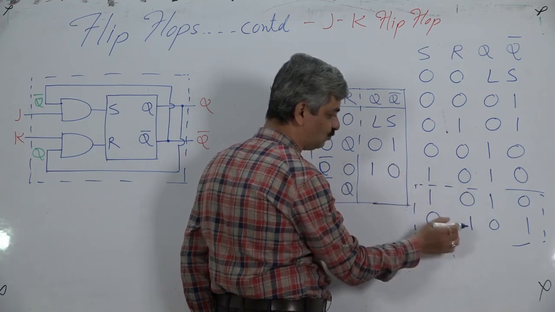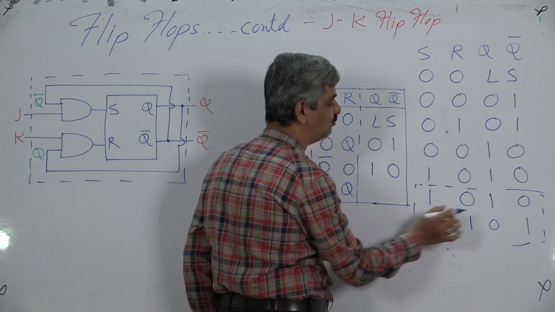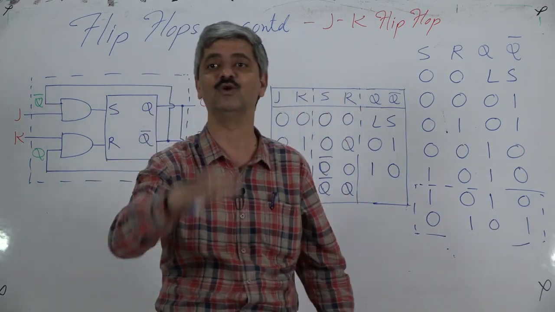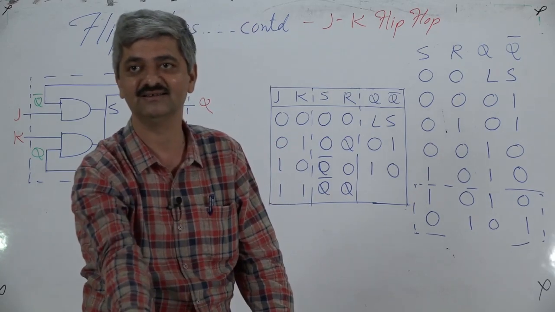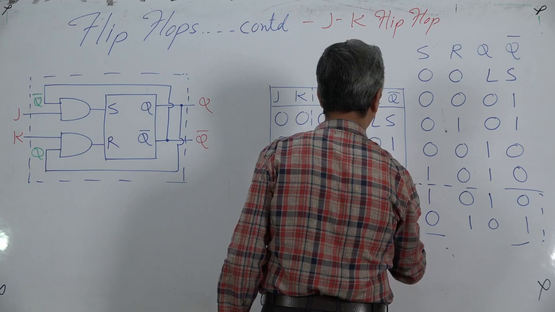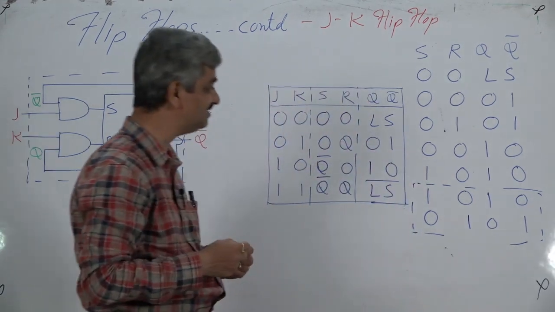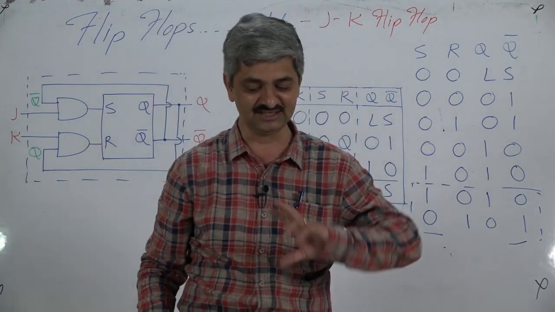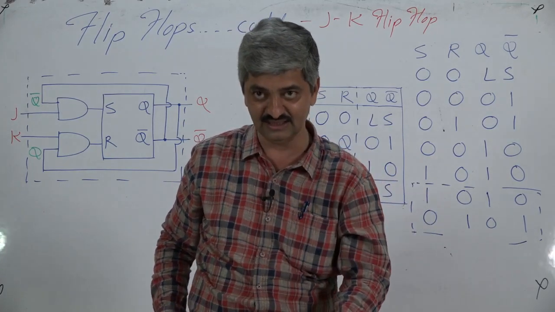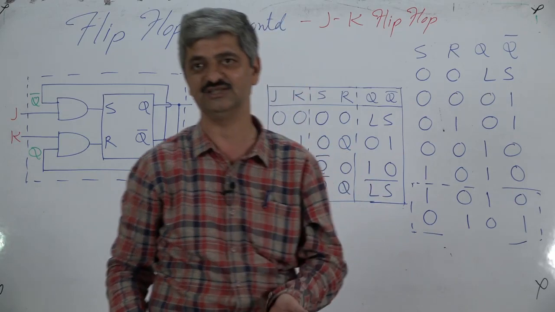If Q is 1 and Q bar is 0, the output we obtain is 0, 1. What is this? This is the exact reverse of the last state. So, I can write it as the last state complement. But what happens? It is just like an unending chain.